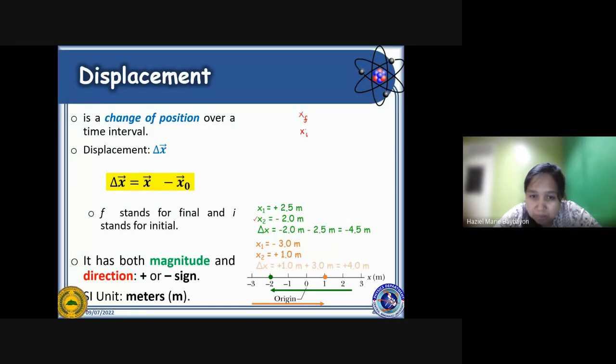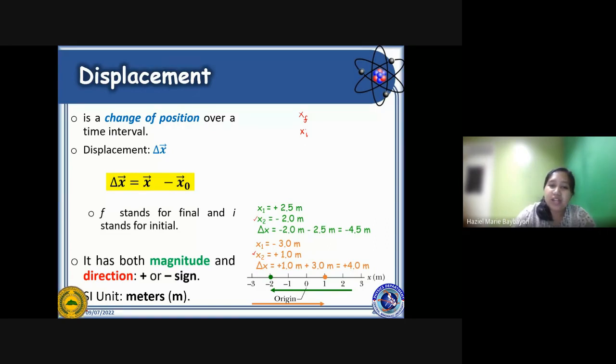So delta x is equal to x final, again this is our x final, minus our x initial, which is x sub 1. So you have 1 meter minus negative 3 meters. That is why you have a positive sign here, and this is equal to positive 4 meters. Okay?